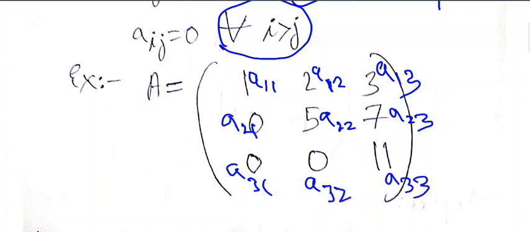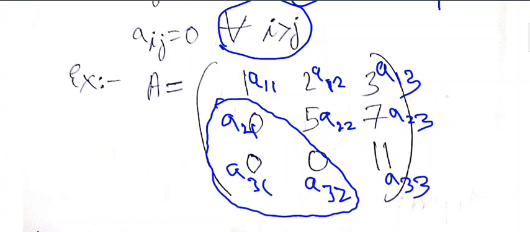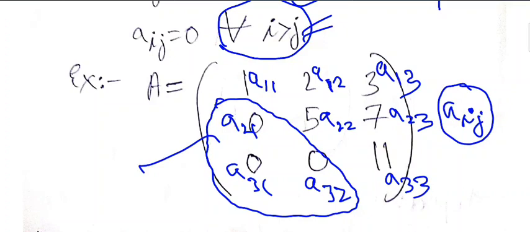For i greater than j, where do you find i to be greater than j? You can clearly find that this area consists of i greater than j, because the general expression is Aij. So i greater than j belongs to this area, in the circle.